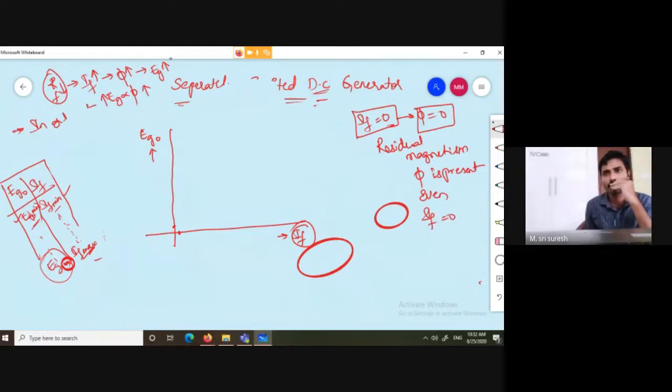If the flux is present, whatever the EG is directly proportional to phi. If the flux is present at the point IF is 0, the EG is also present. So I'm indicating here this point. This is IF 0, but we are having some amount of EG. That EG is called as due to residual magnetism.